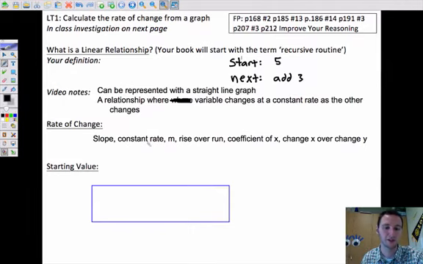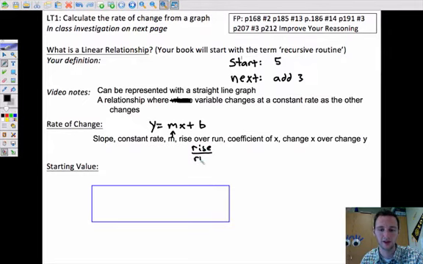It's also the constant rate in a y equals mx plus b type equation. M right here is the slope. You've probably heard rise over run before, so we can see or calculate the slope as rise over run. The coefficient of x, which comes from right here, that m is the coefficient of x.